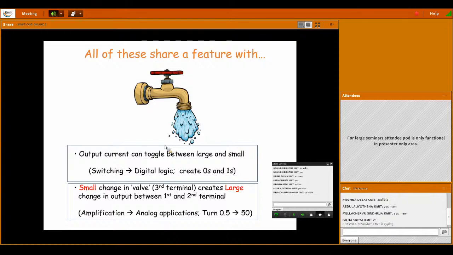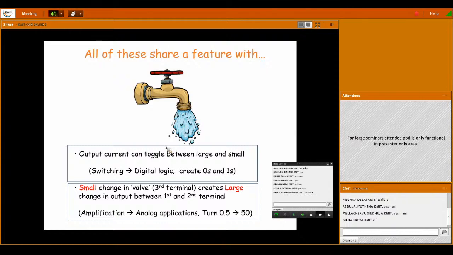In digital applications, we utilize transistors operated in only two regions: one is saturation, the other is cutoff. The saturation state gives logical one, and the cutoff state gives logical zero, so it can be used as a switch. The saturation state is the on switch and the cutoff state is the off switch.